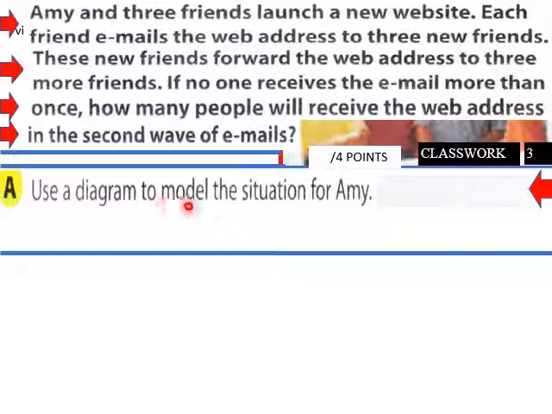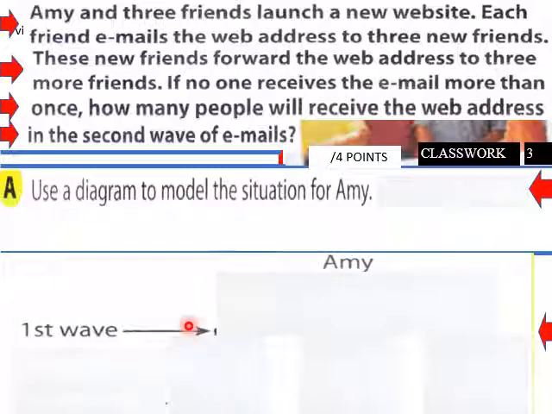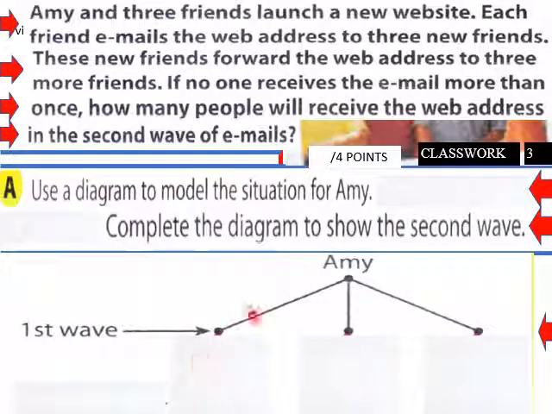We're going to use a diagram to model this situation for Amy's website. Amy, in the first wave of her send-outs, emails 3 of her friends. Complete the diagram to show the second wave. So here's the first wave, where you have 3.